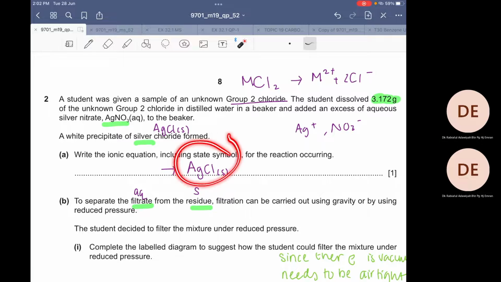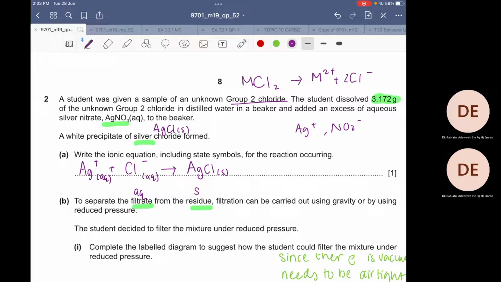You want to produce 1 mole of silver chloride precipitate, hence it's a solid, from what are the ions that make up the AgCl? Ag plus and Cl minus. Okay, and you just need 1 mole for each because both of them are charge 1 plus and 1 minus.